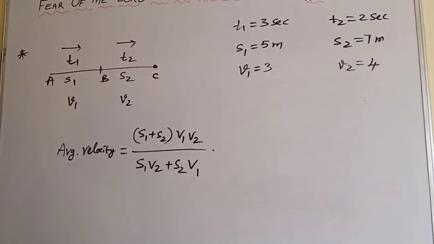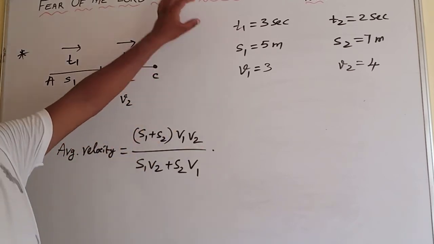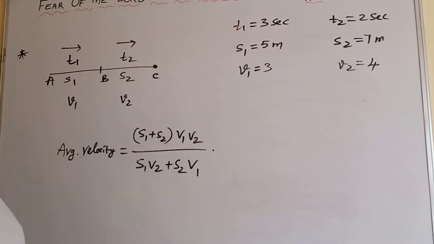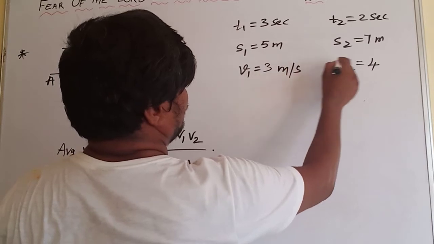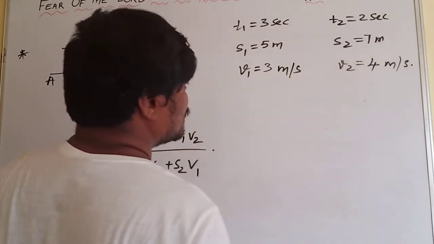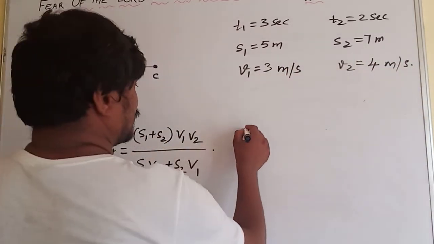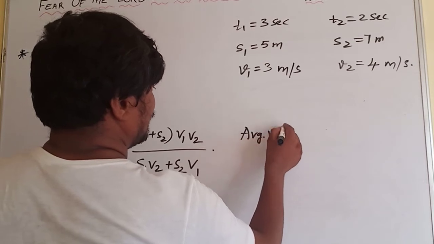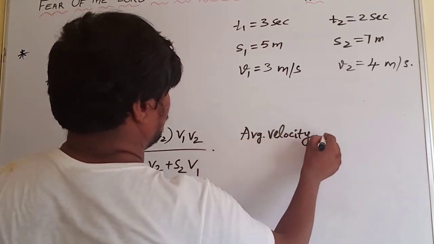Then how to solve this problem? It is very easy. V1 is given, V2 is given, and time and displacement are given. What is the SI unit of velocity? Meter second inverse, or meter per second. So I am directly applying the formula.